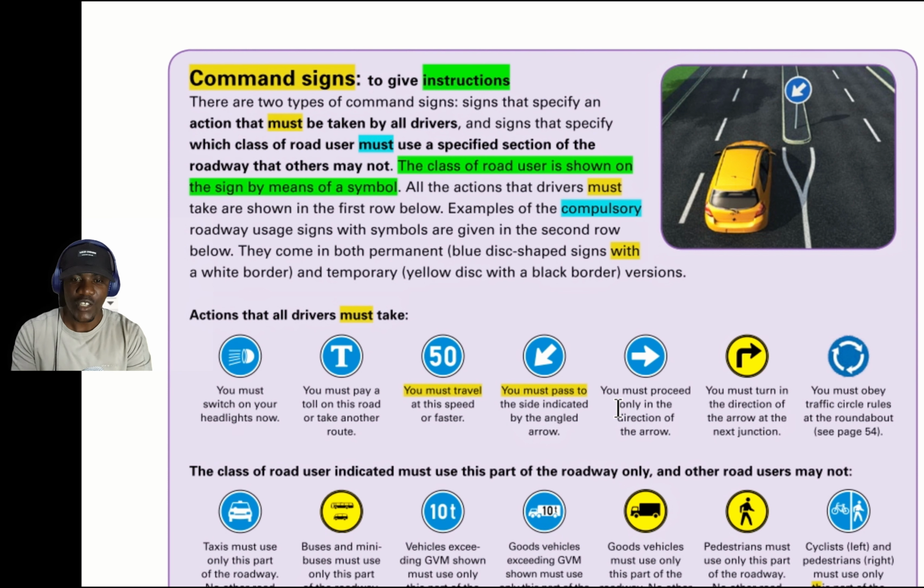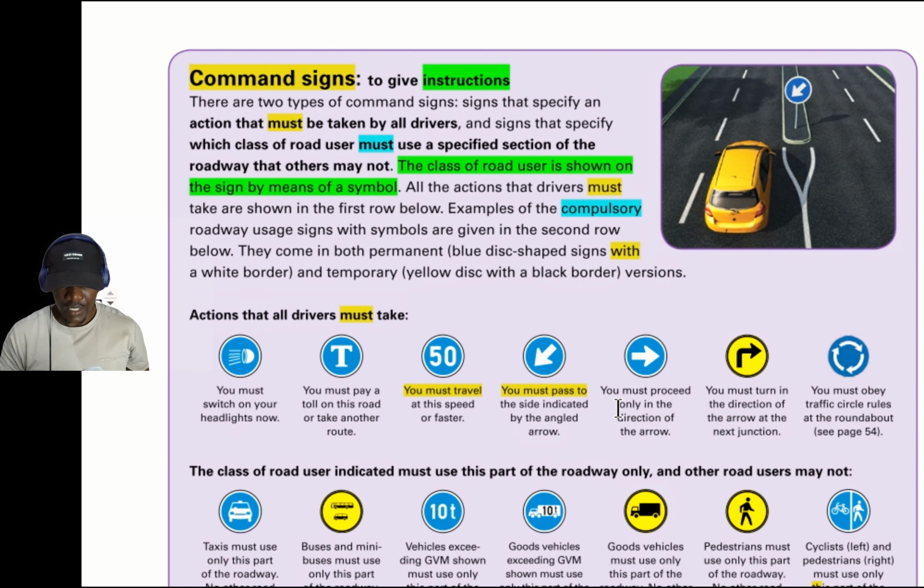So these are the terms. You must pass to the side indicated by the angled arrow, to that side only. Must. Remember that term, must. It should be the correct answer if you see that one. You must only do this.